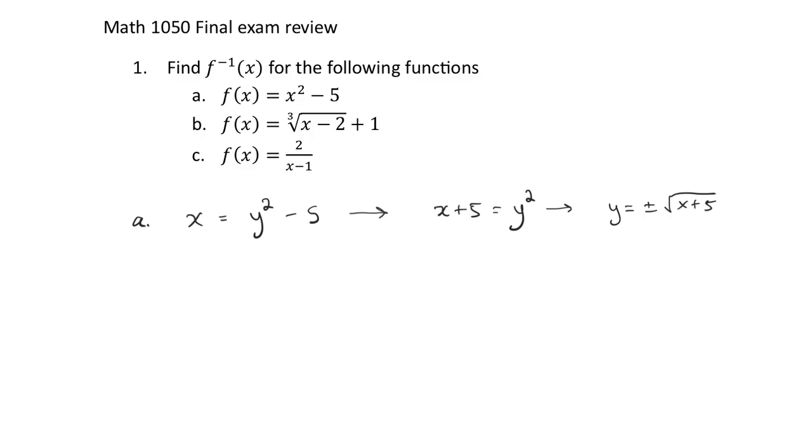Now, just going in a little deeper into this problem, technically this is not a function. So when we place a value in for x, let's say 4, 4 plus 5 is 9, square root of 9 is now plus or minus 3. So we have one input, gives us two different outputs.